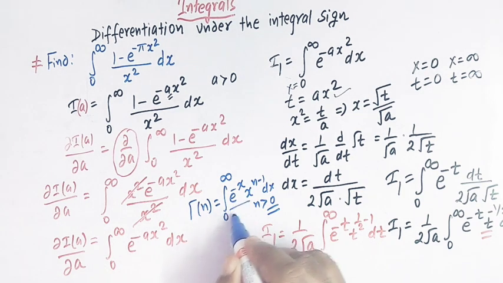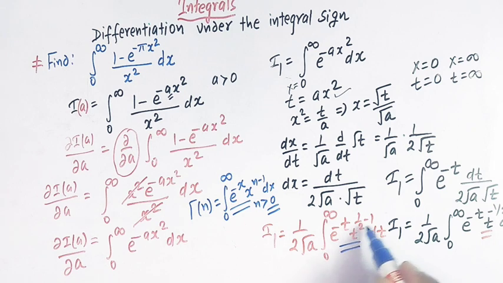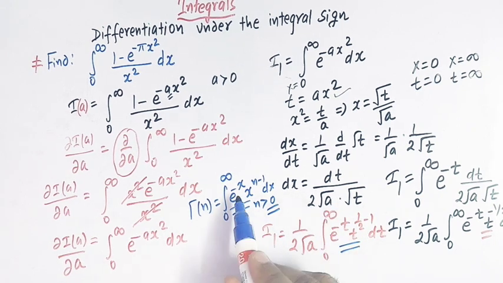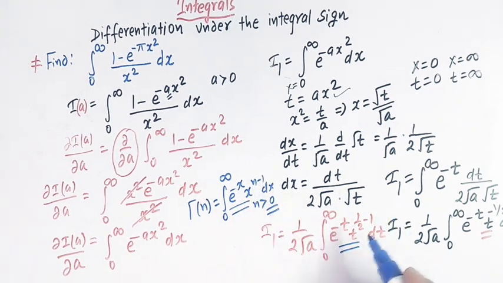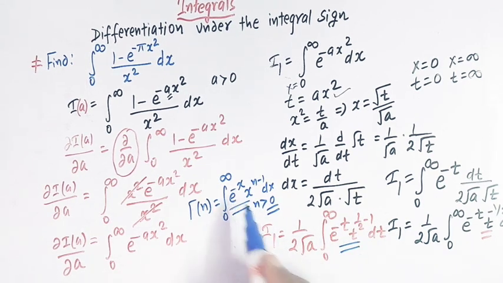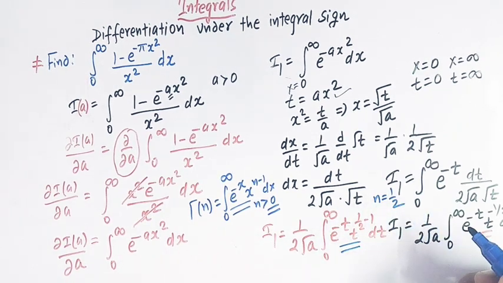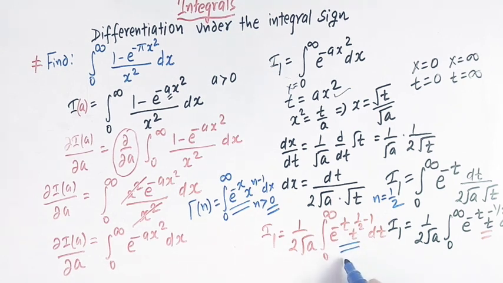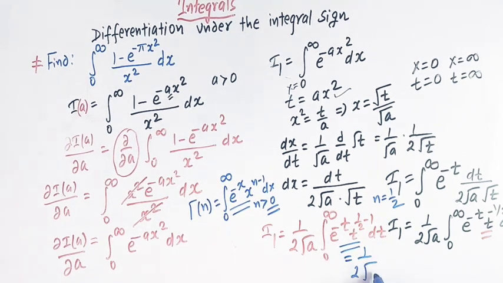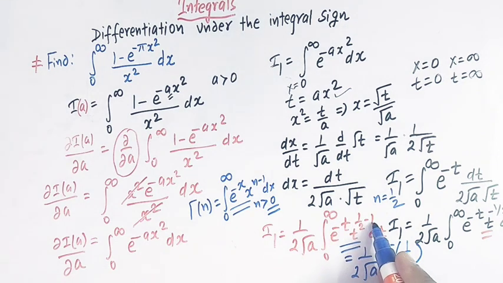So now if we compare this integral with this one, we can see that this integral is in the variable t, and here instead of x raised to n minus 1, we have t raised to half minus 1. So if we compare, then we can easily see that n is half. So this integral is nothing but gamma of half, which is 0 to infinity e raised to minus t, t raised to half minus 1.